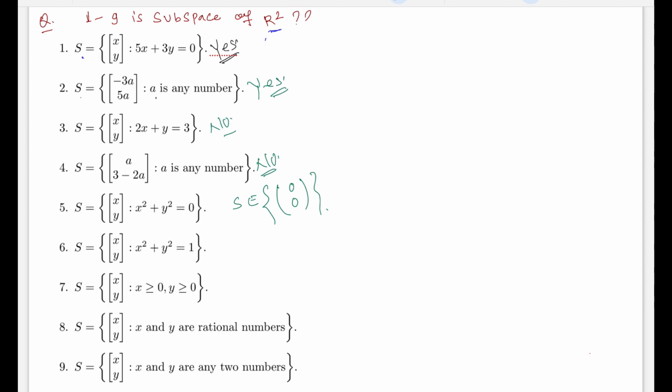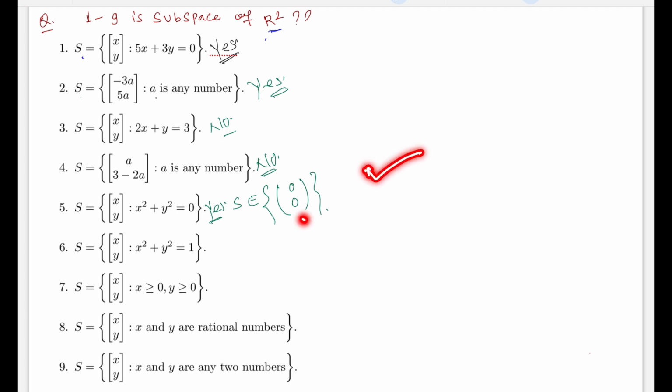So in this particular set we have only one element. Is this a subspace? Yes, it is. We can have a subspace with only one element, and that is the 0 vector. The first condition is satisfied, since 0 0 is there.